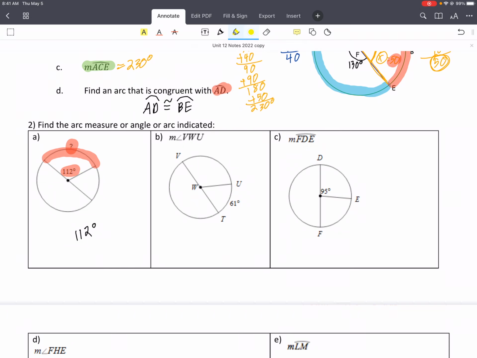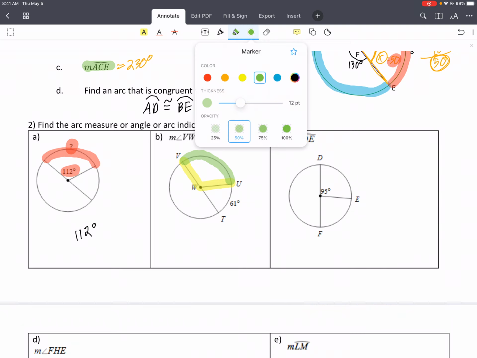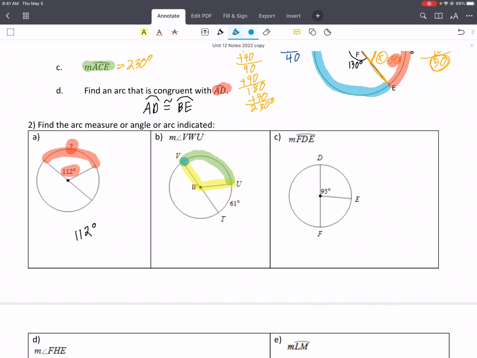Next, we got to find VWU. So we got to find the measure of this angle right here, which would be the same as that arc. So we'd have to find what that arc is. Well, that arc is on a semicircle right here.